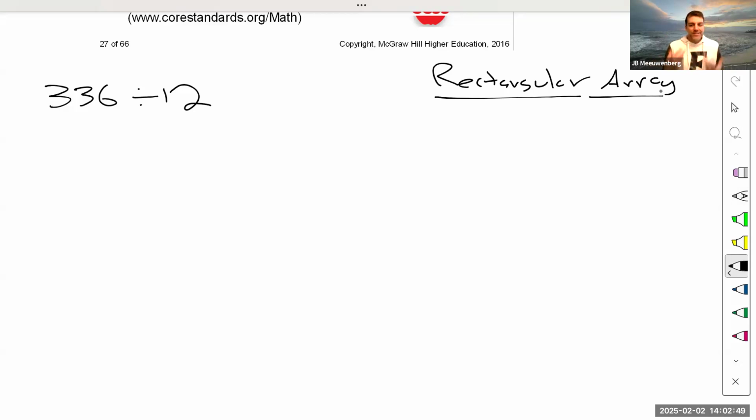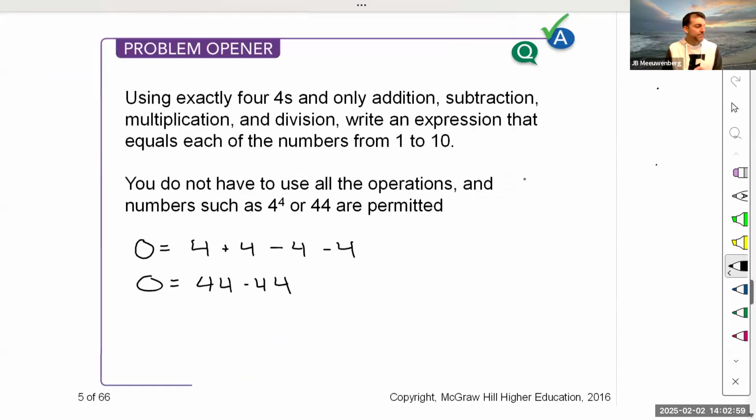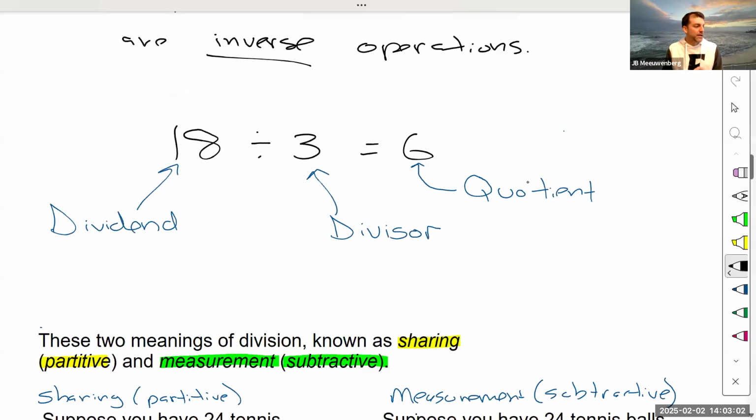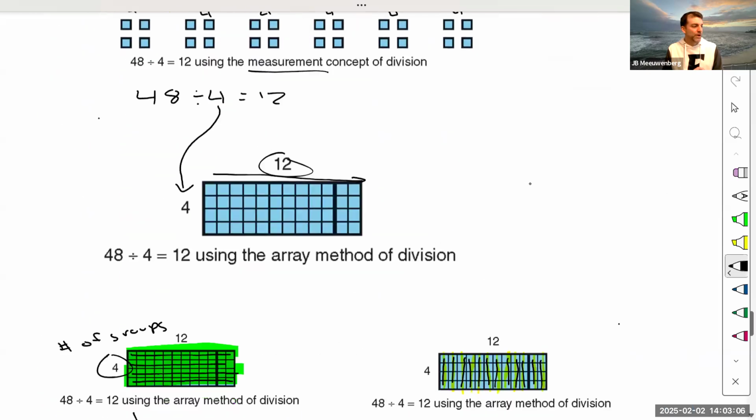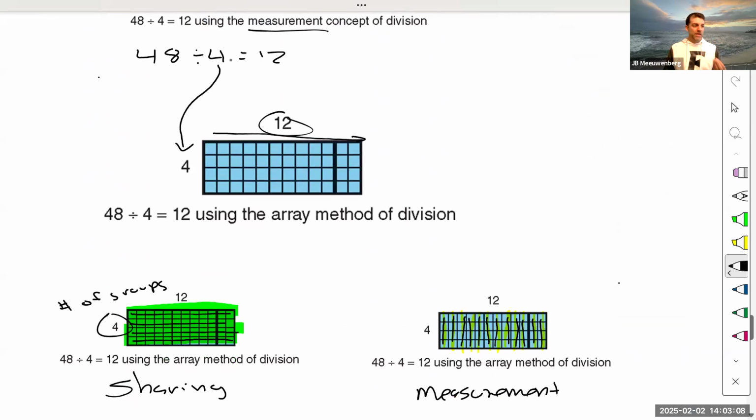So this is one of those times where I might challenge you to even see if you can figure out what that might mean. I'm going to scroll back up in my notes here because we did this way back. It was after the dump truck, right here. We did 48 divided by 4, and we used a rectangular array to do it.